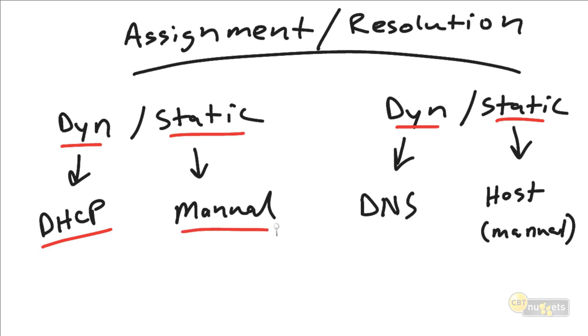Well, that will be a manual input of the addressing information, and typically that's done on key servers within the organization. What about resolution? Same thing. It's going to be dynamic or static. The dynamic methodology being DNS, the static methodology being a manual creation of host name to IP address mappings. There are going to be times when, believe it or not, static methodologies are appropriate in part of your IPv4 addressing design.